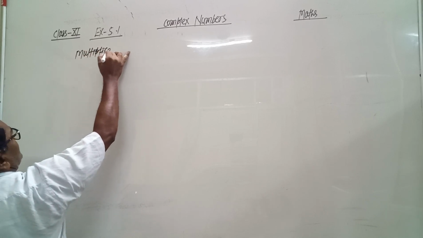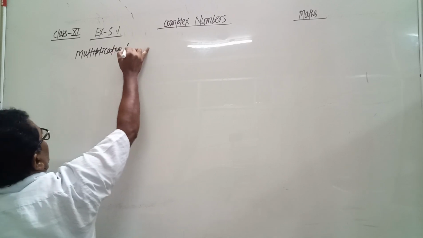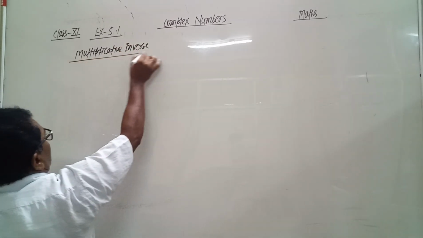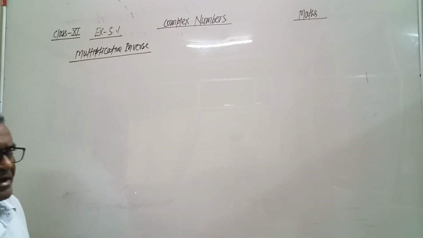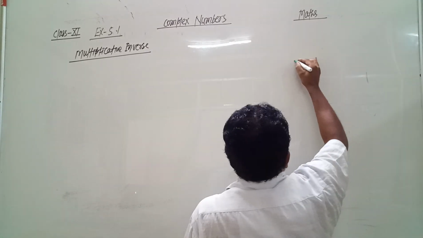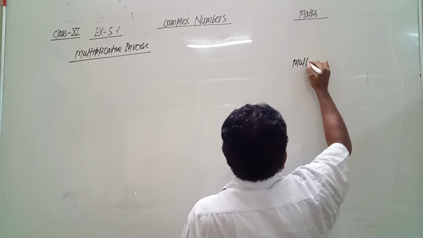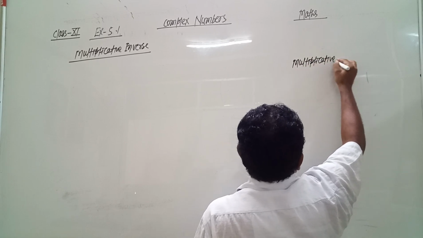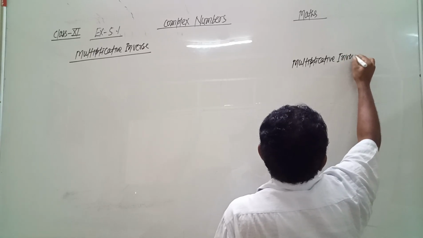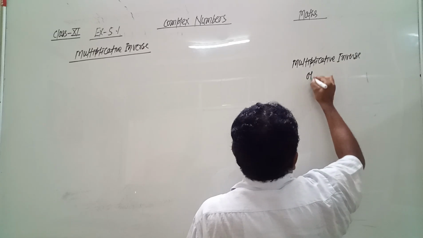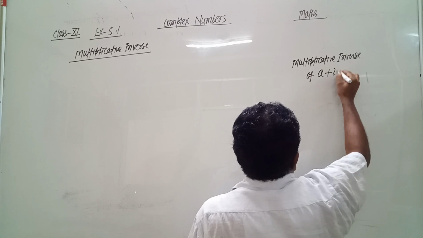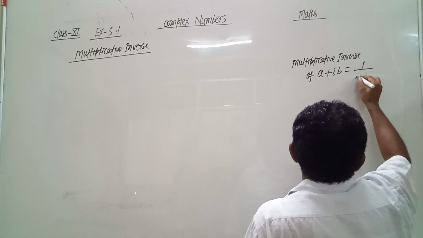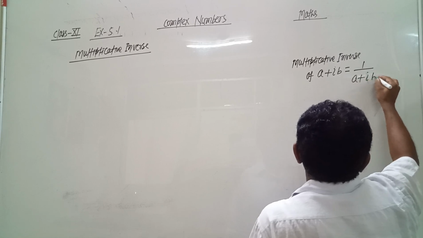So firstly we will understand what the multiplicative inverse is. The multiplicative inverse of a + ib is equal to 1/(a + ib).